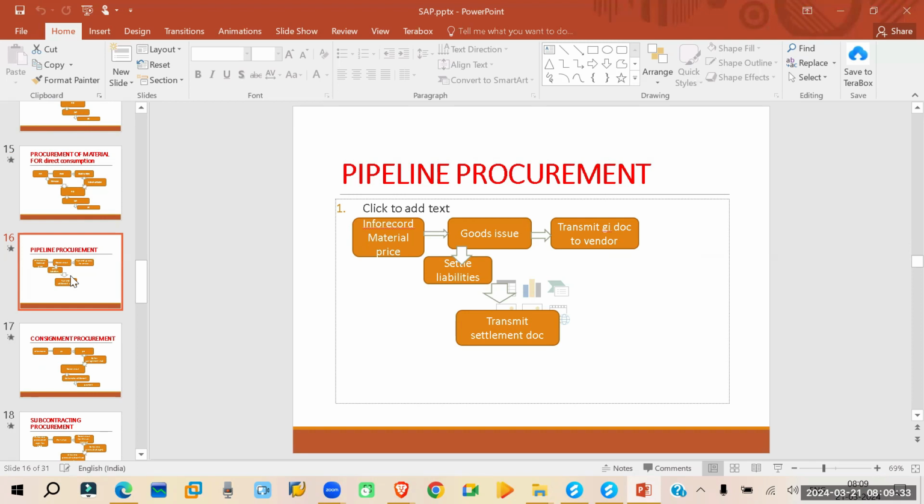Let's say they need some oils or any kind of liquid materials. These kinds of materials will not be stored anywhere on your side. They will be stored in the vendor's or supplier's area, and directly from there it will be flowing to your plant or manufacturing unit every time.